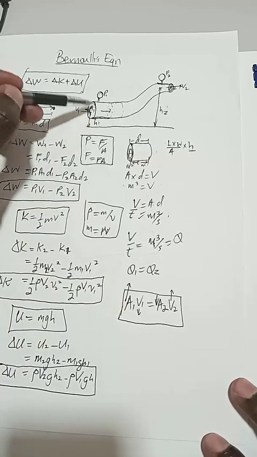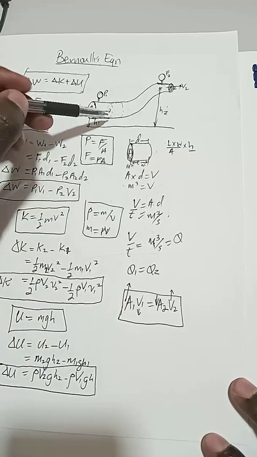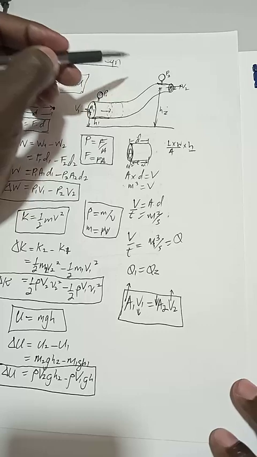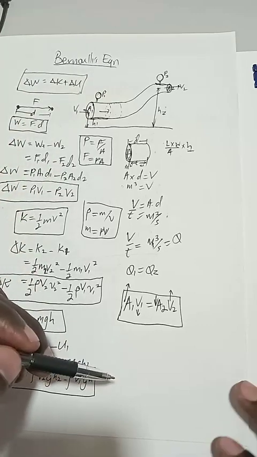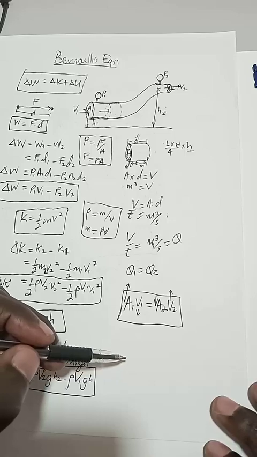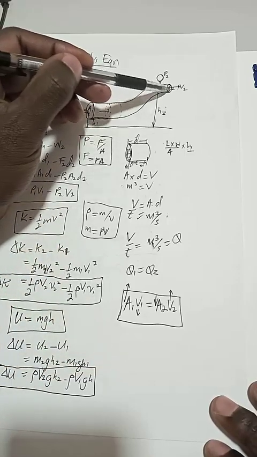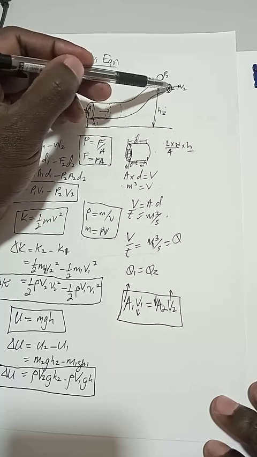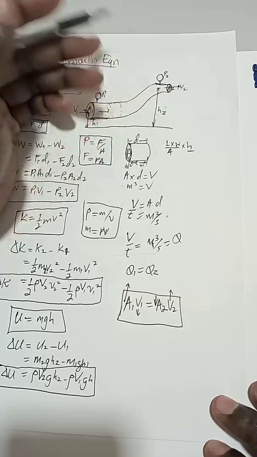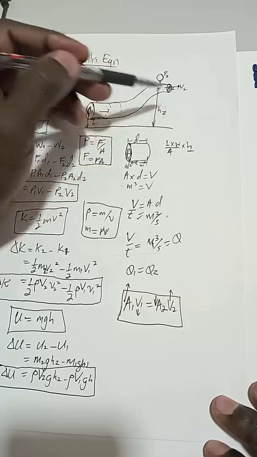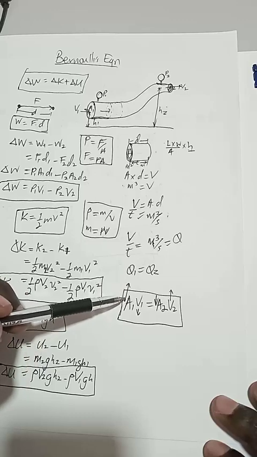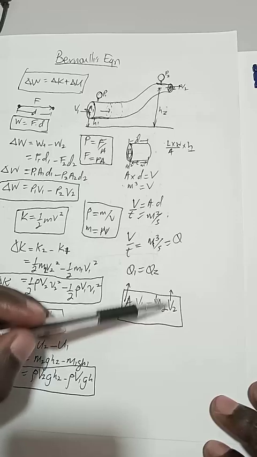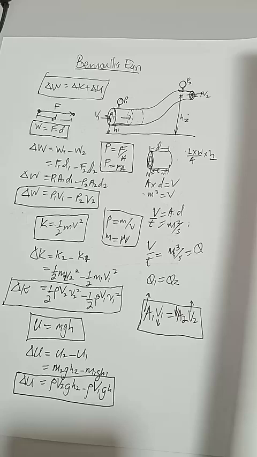So where you have a big area, the water flows slowly in the pipe. Where you have a small area, the water speed is high. For example, with a garden hose, if you hold your finger over the hose to reduce the cross-sectional area, the water goes out at high speed. In terms of continuity, the greater the area, the lower the velocity; the lesser the area, the higher the velocity.